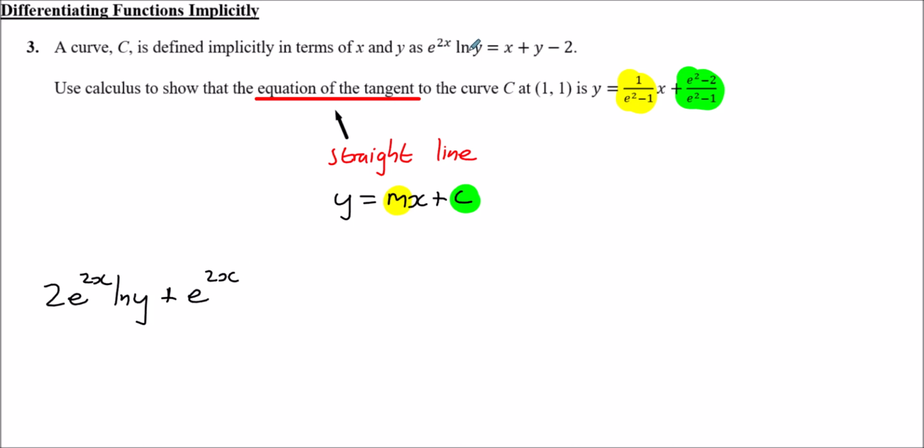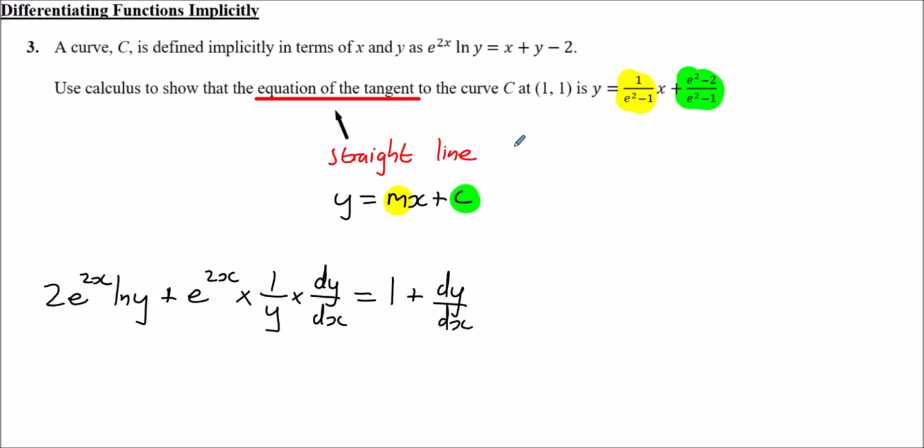Ln x will differentiate to 1 over x, so ln y differentiates to 1 over y. Because it's a function of y, we tag on dy by dx at the end. On this side, differentiate x gives us 1, differentiate y will give us 1 times dy by dx. Differentiate minus 2, that minus 2 will vanish.